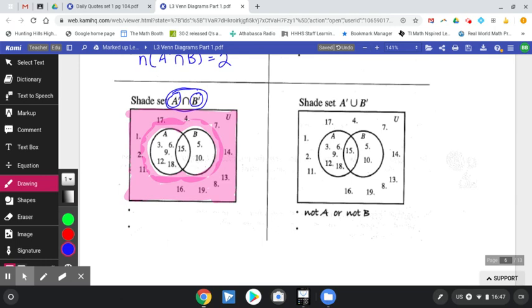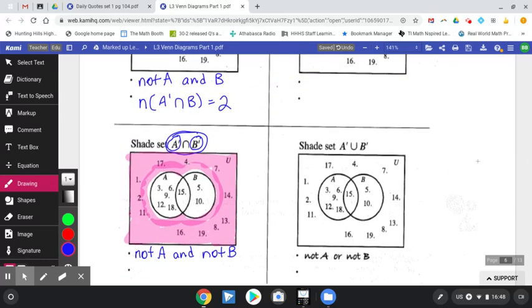So let's describe this with words. Not A and not B. Now, to me, when I'm doing intersection, I think the words describe what you're looking for. If we can take this expression and write it as words, then finding the region is not bad at all. You think to yourself, where would I put an element if it was not A and not B?